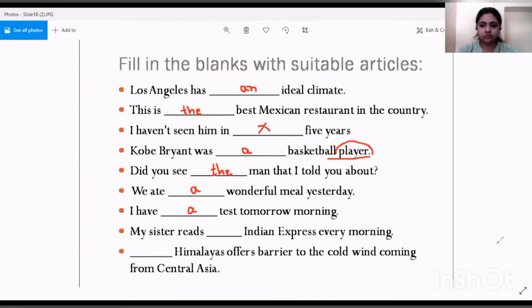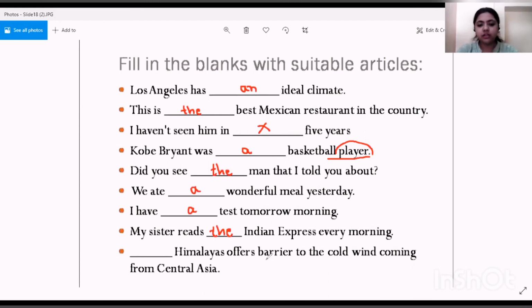Ma'am, the. Why the? Why not an? Ma'am, because Indian Express is the name of the newspaper. Indian Express, for those who do not know, it is the name of a newspaper. So before the name of the newspaper and magazine, we use a definite article. It is the.